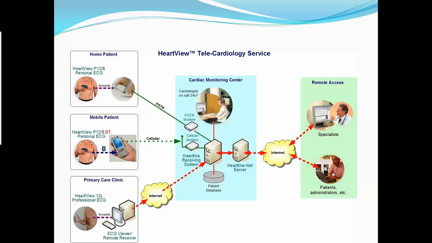There's a home patient, a mobile patient using a smartphone, or your primary care clinic where your patient walks in and downloads data that has been collected, and it's all sent through some type of internet network, then stored in the patient database, reviewed by a cardiologist that may be on call 24/7, or passed on again through the internet to specialists, other cardiologists, or back to the patients or administrators who are running the system.